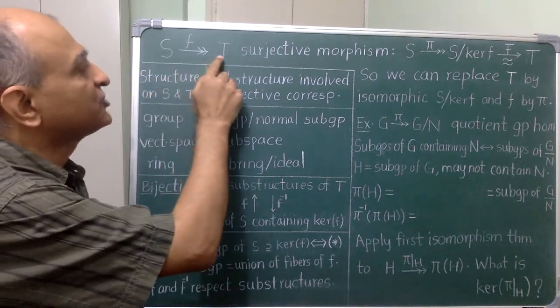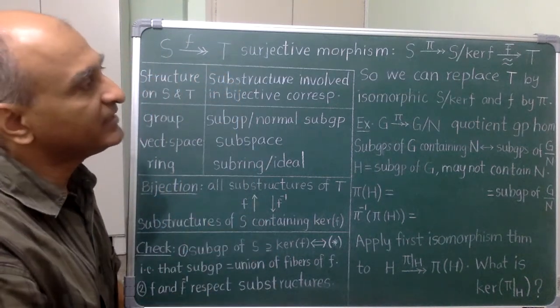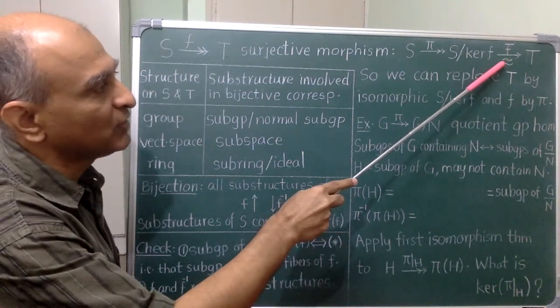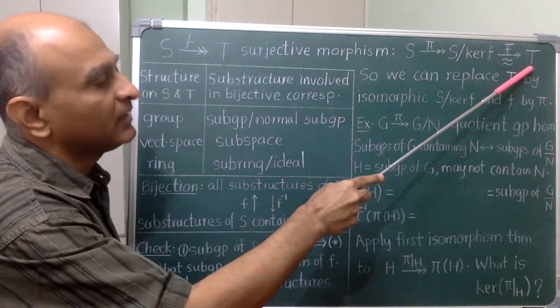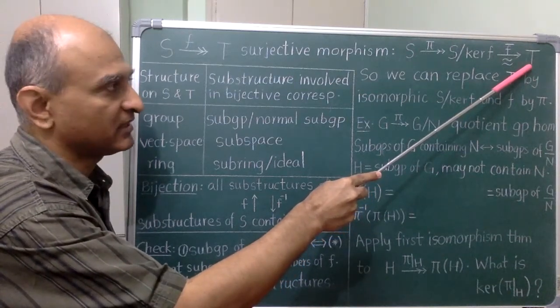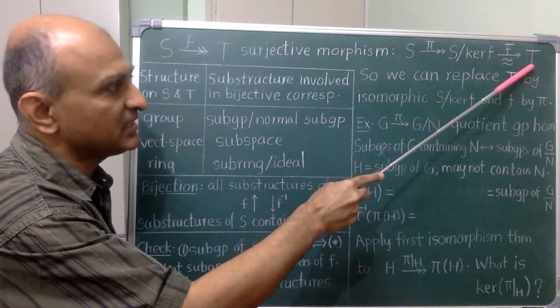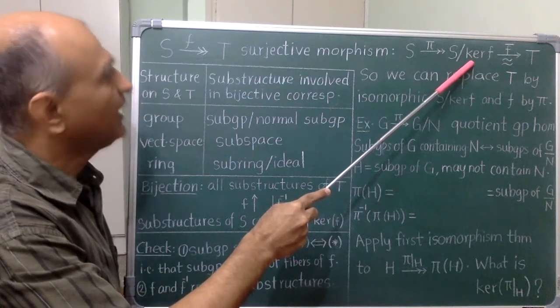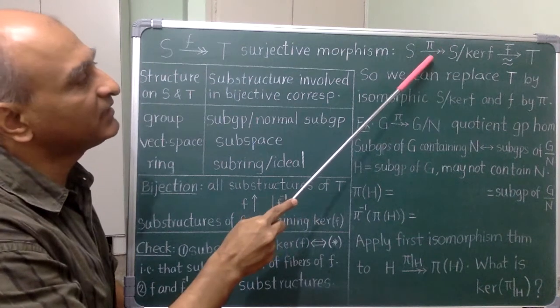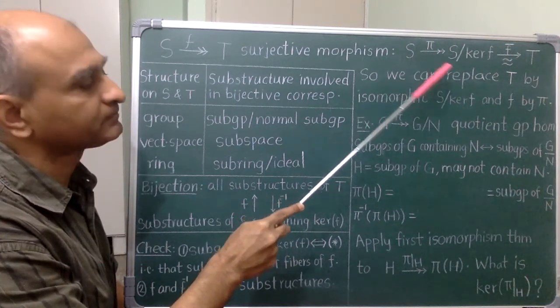Because F is a surjective morphism, it induces an isomorphism from S modulo the kernel of F to T. Therefore, in the correspondence theorem, I can replace T by the isomorphic object S mod kernel of F and replace F by the equivalent quotient map.